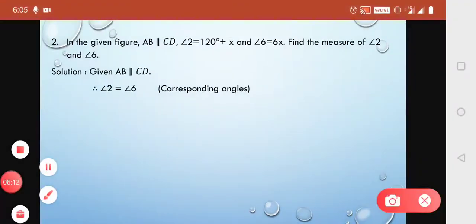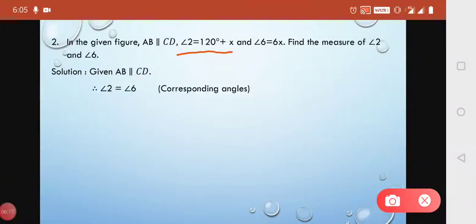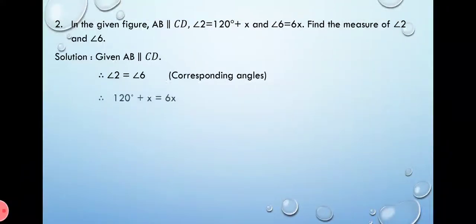Putting the value of angle 2 as 120 degree plus x and angle 6 as 6x, which is already given in the question, we get 120 degree plus x equal to 6x.